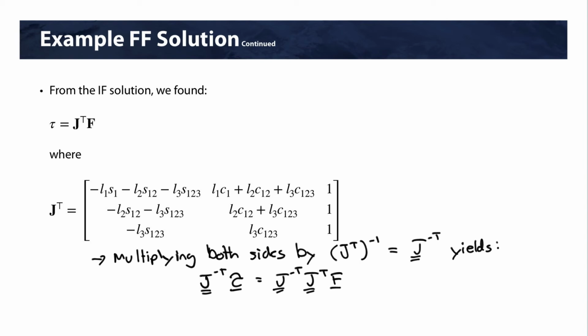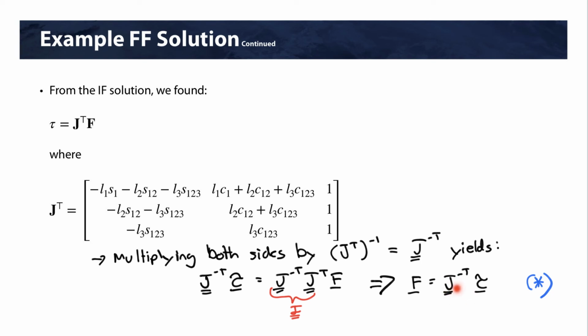This is simply our identity matrix. So we get F is equal to J inverse transpose tau. All right, and we'll call this equation star.